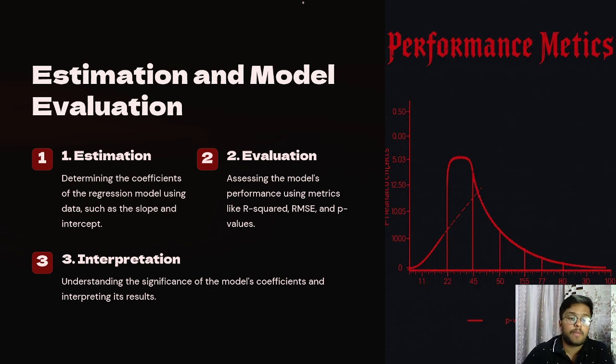Now let's discuss estimation. What is estimation? Estimation refers to the process of calculating model parameters based on the data. In the context of regression, this involves determining the best fitting parameters, for example coefficients in linear regression that minimize the error between the predicted and the actual values.